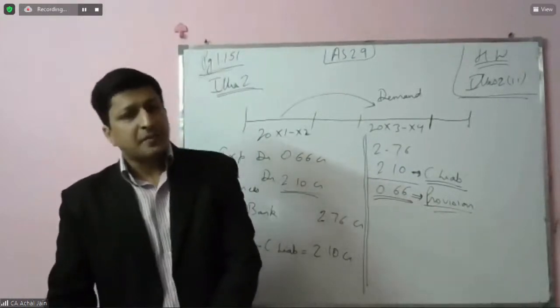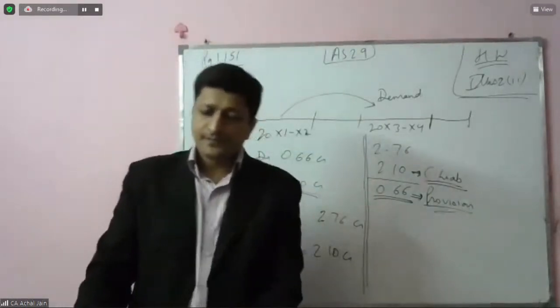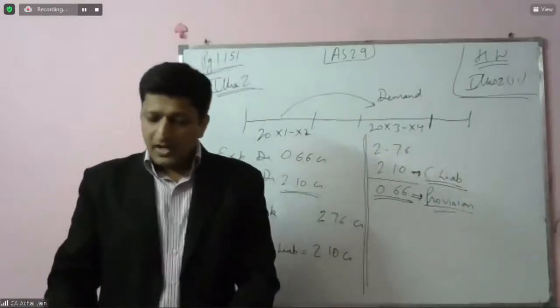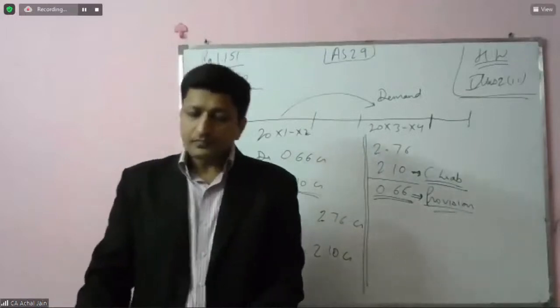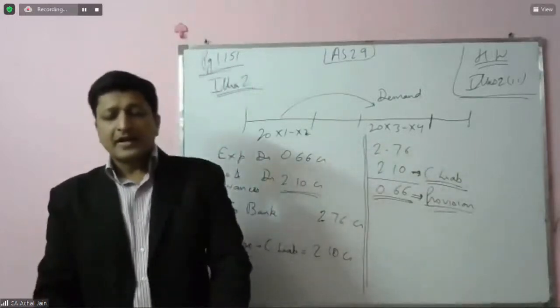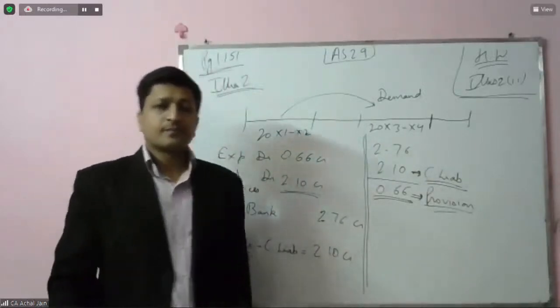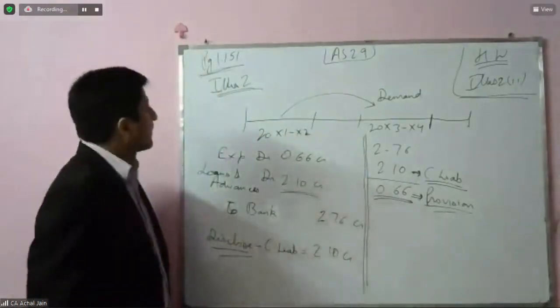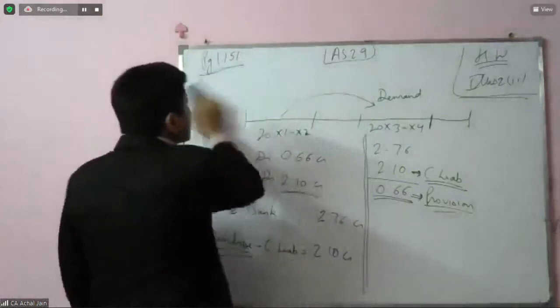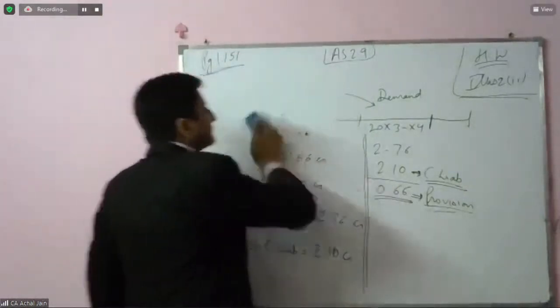Yes, you can just start practicing all of these questions. That is also your homework. Please remember, all of these you need to practice, please. All right, so this we have done in relation to AS29.